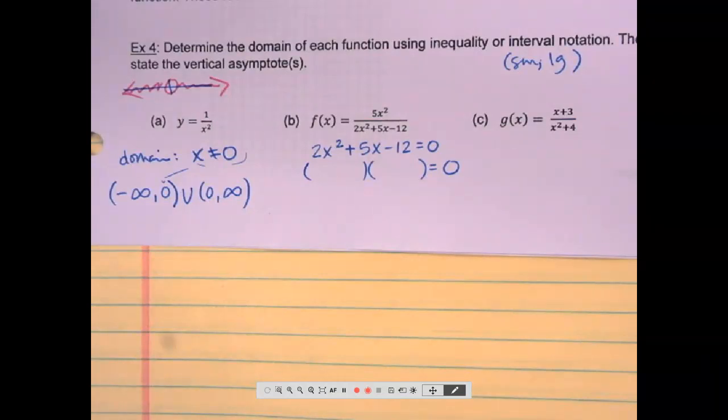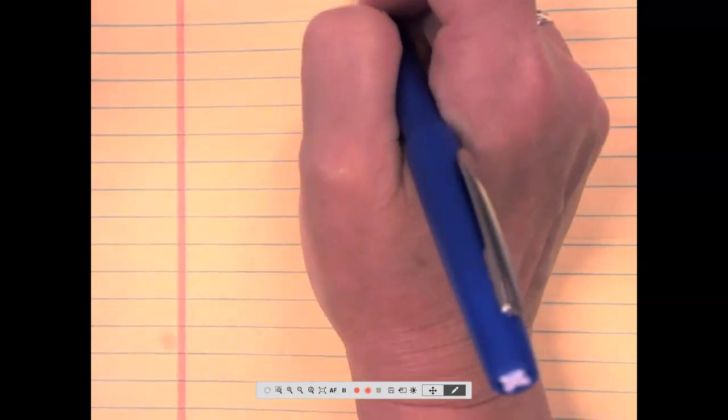All right, let's talk about different ways to factor this. 2x squared plus 5x minus 12. I'm trying to figure out what two factors make this the product. Okay, here is guess and check. That first term is 2x squared.